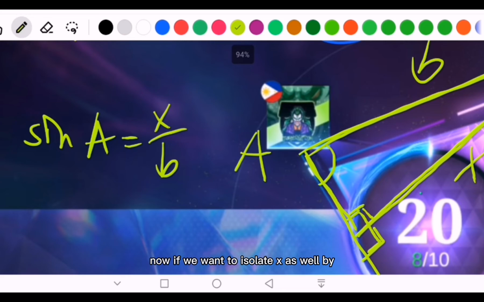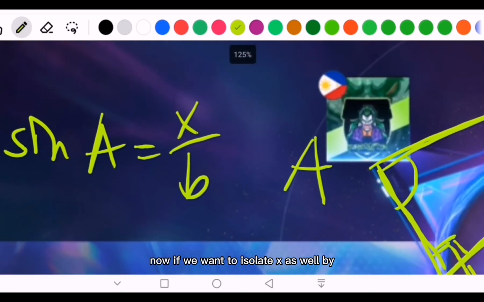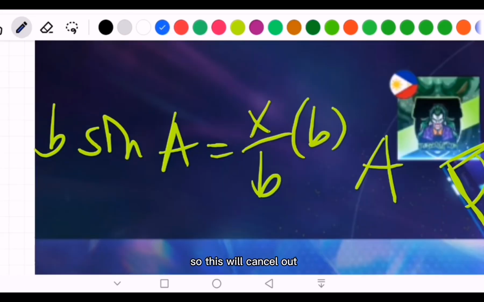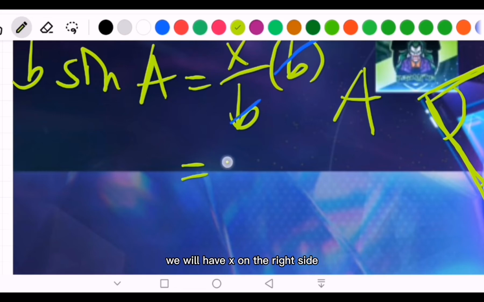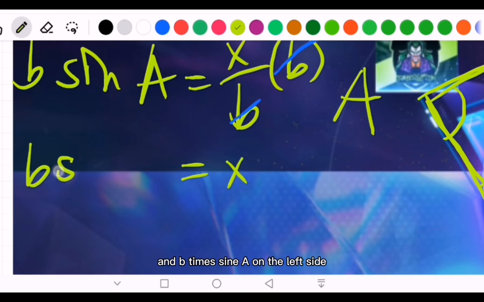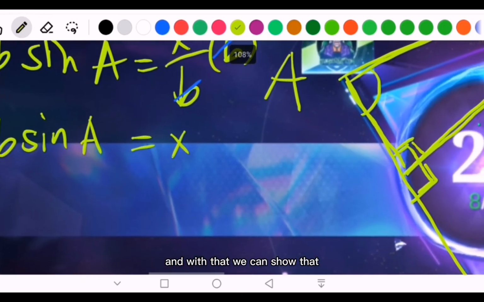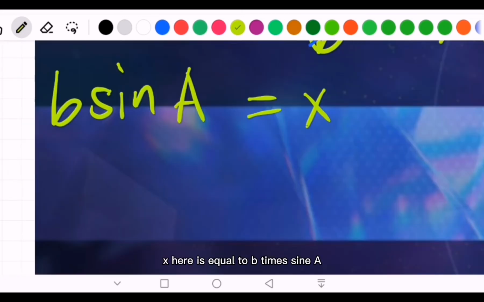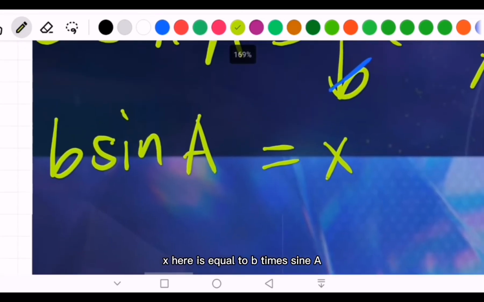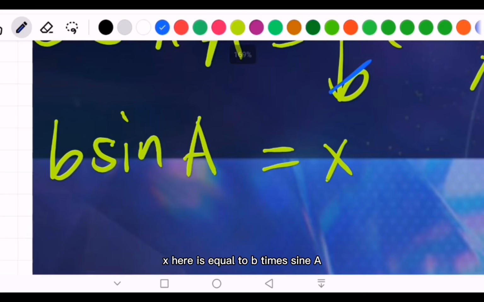Now, if we want to isolate X as well by multiplying both sides by b, this will cancel out. And we will have X on one side and b times sine A on the other side. And with that, we can show that X here is equal to b times sine A.